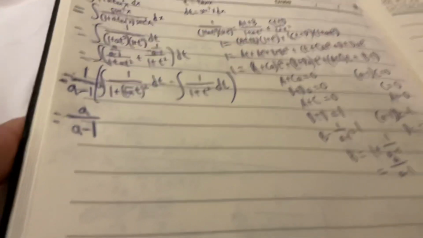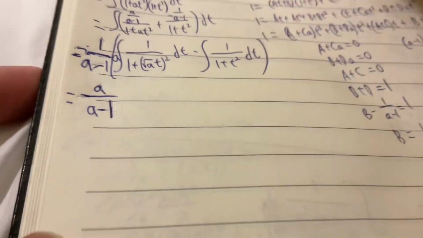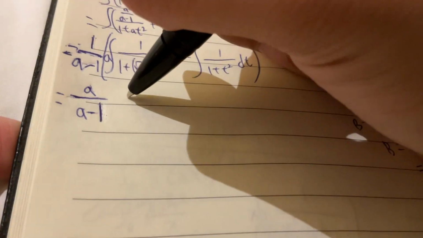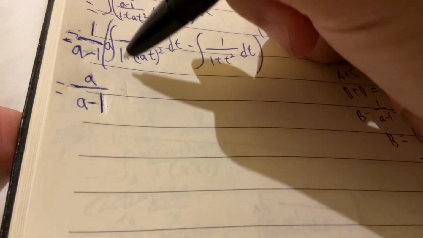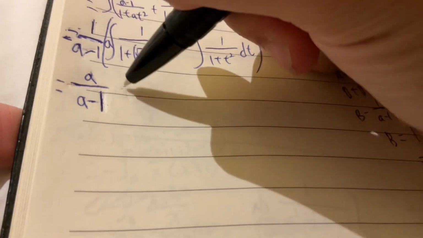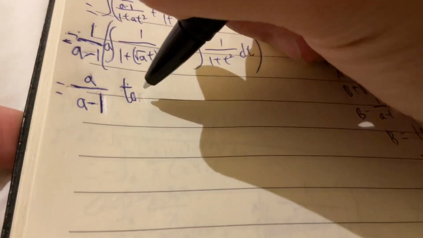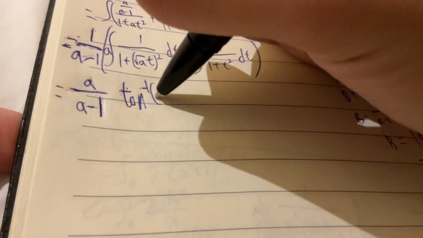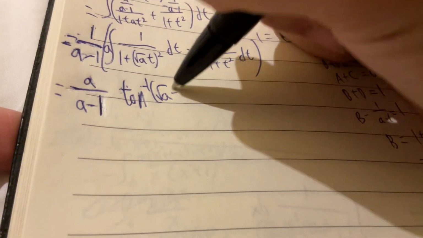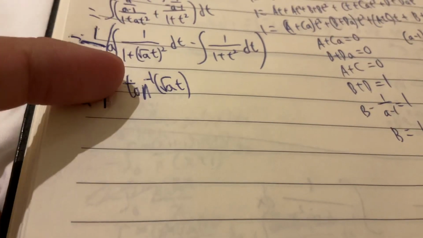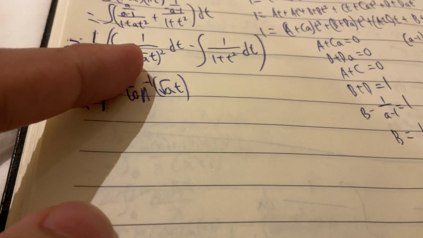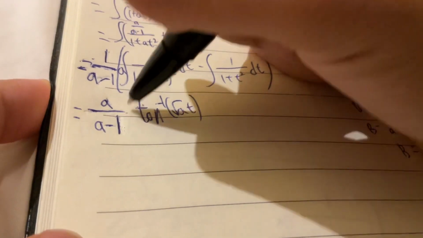So over here is the deal. First, you will get inverse tangent here, right? 1 over 1 plus something squared, you get inverse tangent of something. Inverse tangent of square root of a times t. But don't forget to multiply by 1 over square root of a as well because of the chain rule.